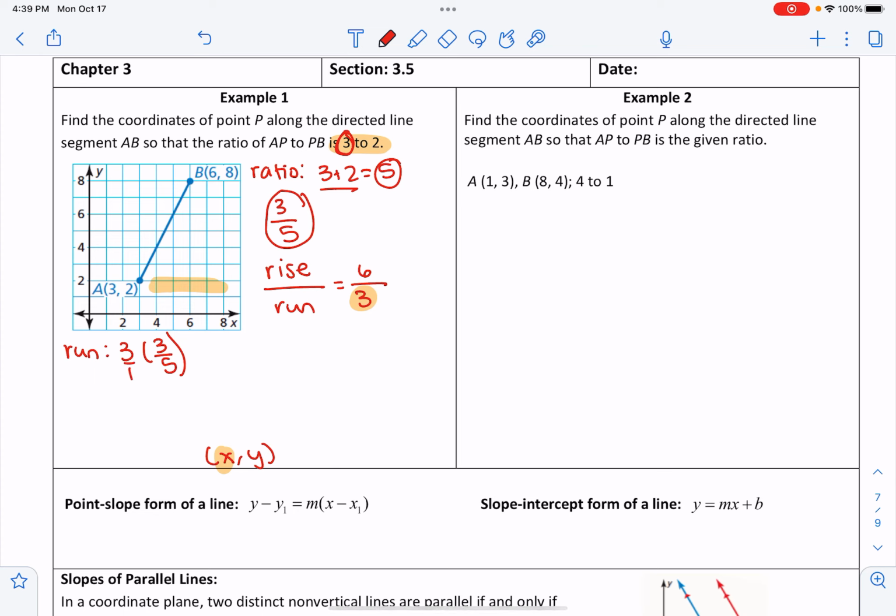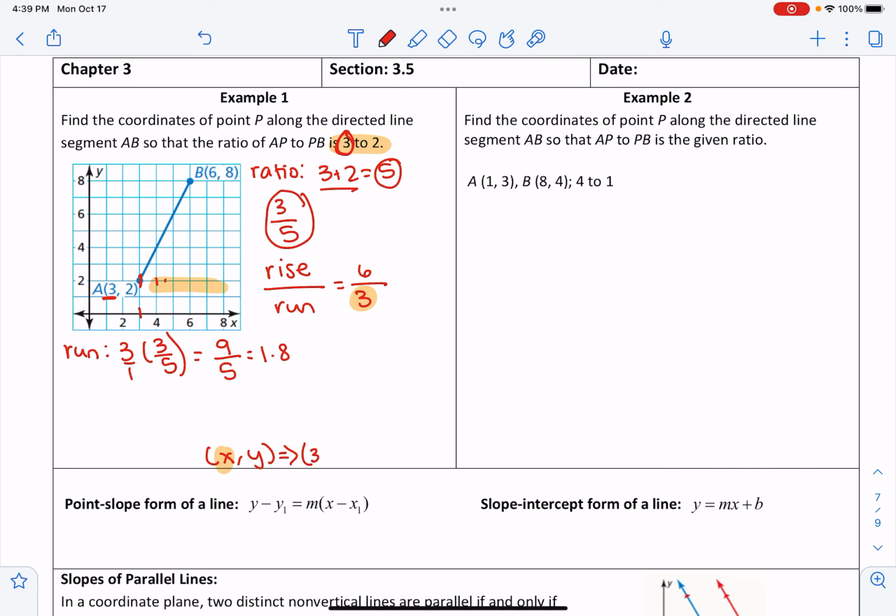So again, put your fraction over 1. 3 over 1 times 3 over 5, we're going to get 9/5. And if I do this in my calculator, 9 divided by 5, I'm going to get 1.8. So essentially, I need to start at 3, where my X coordinate is, and move over 1.8. To find my X coordinate for point P, I'm going to start where A is, because that's my starting point.